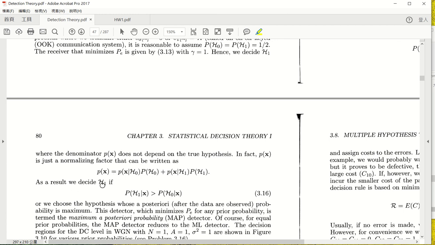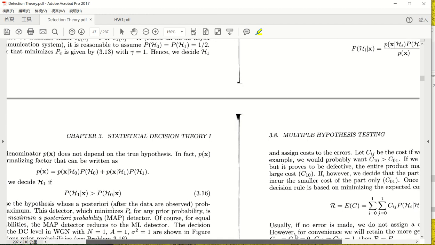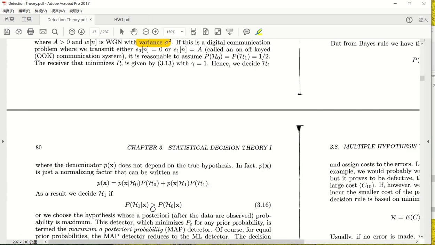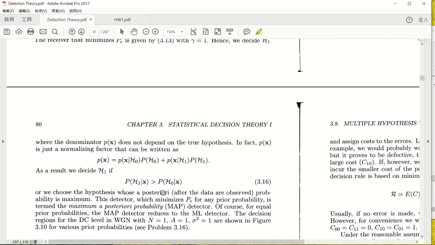As a result, we decide H1 if this is larger than that, right? 就是把这一项都用这个方式换掉，然后 px 对两者来讲是一样的，因此 cancel out，cancel out 之后再简化，你就得到这个东西。So is this reasonable?